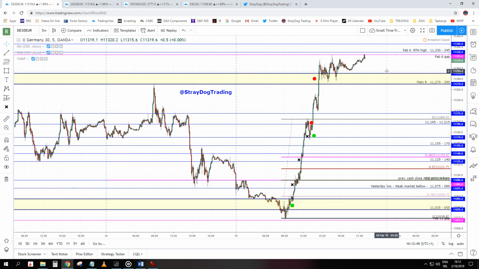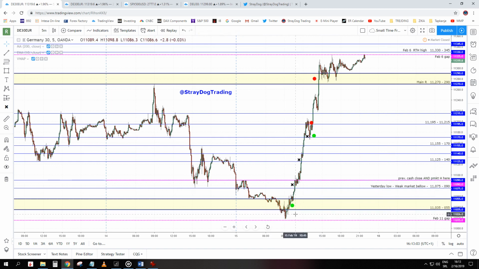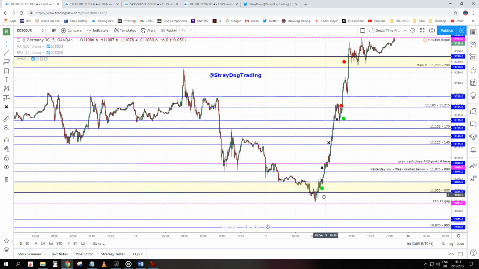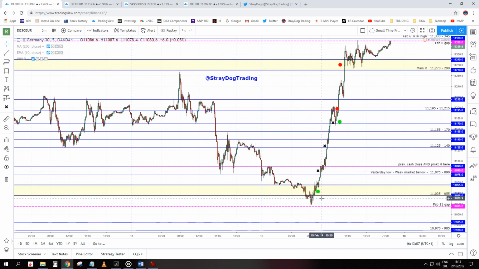Also take note that there is a holiday on Monday, George Washington Day in USA, so liquidity is probably going to be lower. And just to clarify additionally this here, because as we can see, obviously it was a false breakdown.